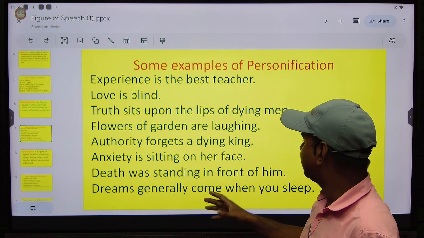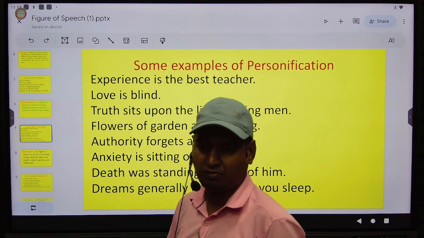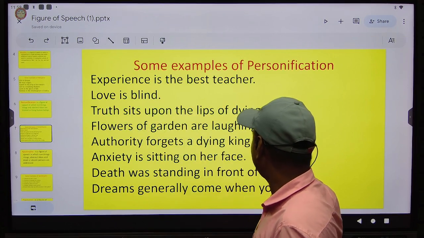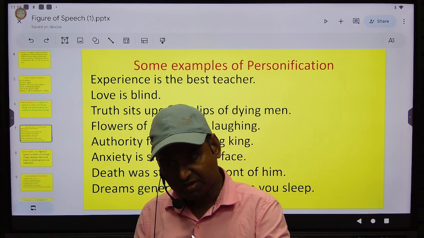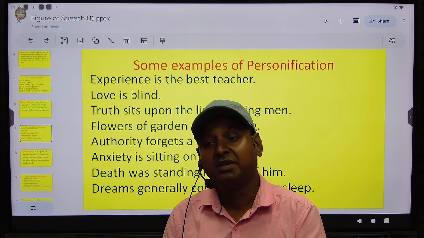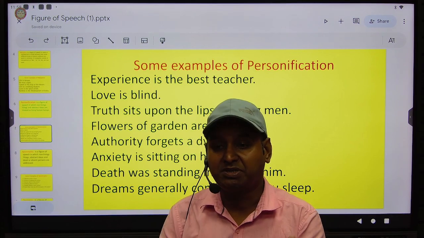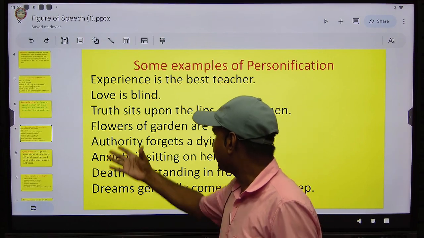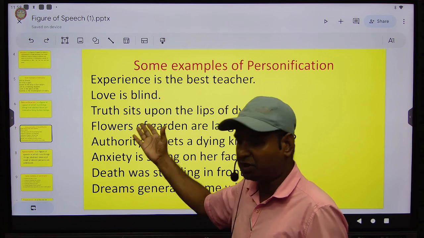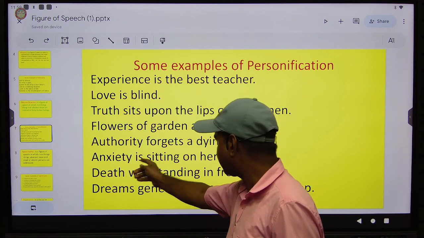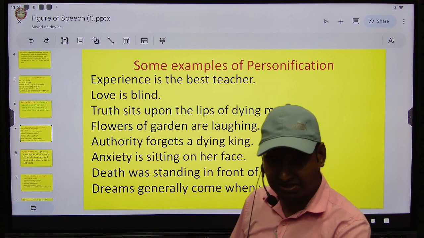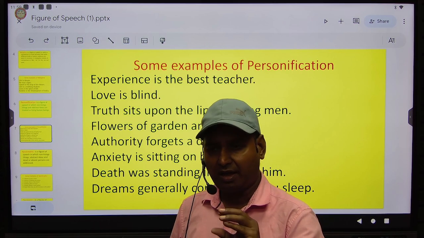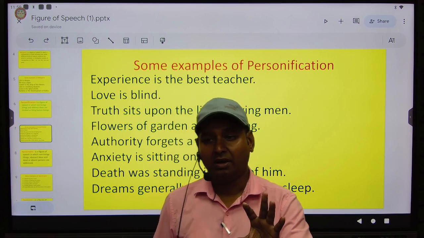Anxiety is sitting on her face. Once again, in the above example, we said truth sits upon the lips of dying men. Truth is sitting means truth is being treated as a person. We are giving some personality to truth. That's why this example is the example of personification. And once again, anxiety is sitting on her face. Anxiety is sitting is not the task of anxiety.